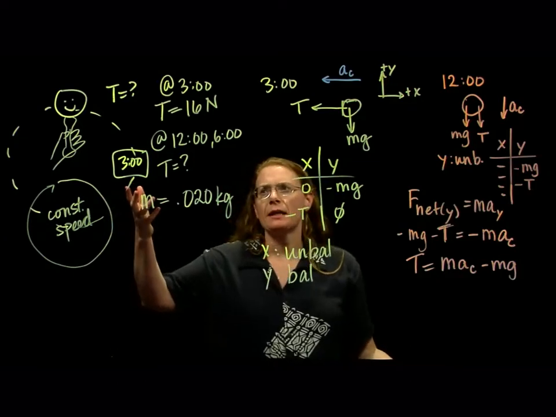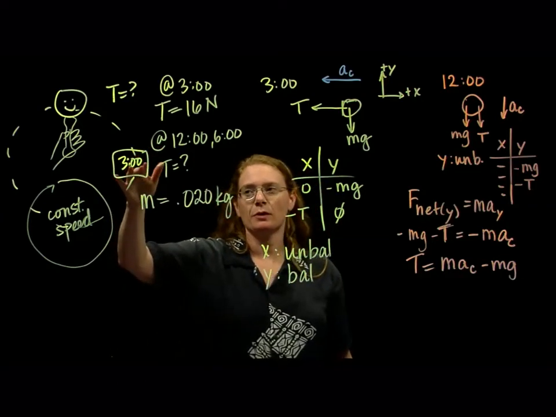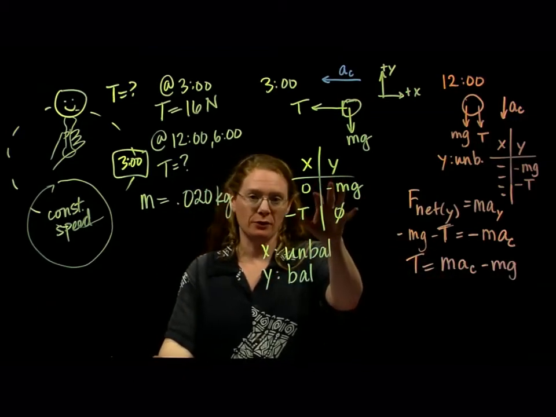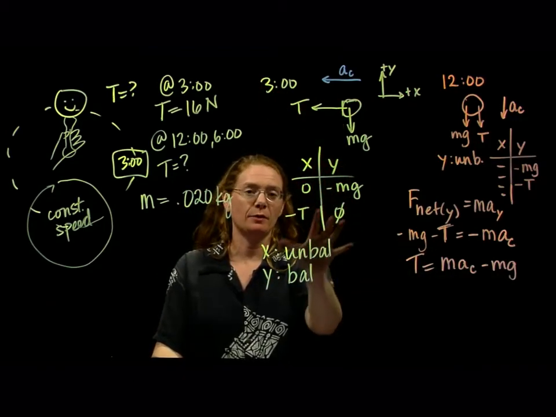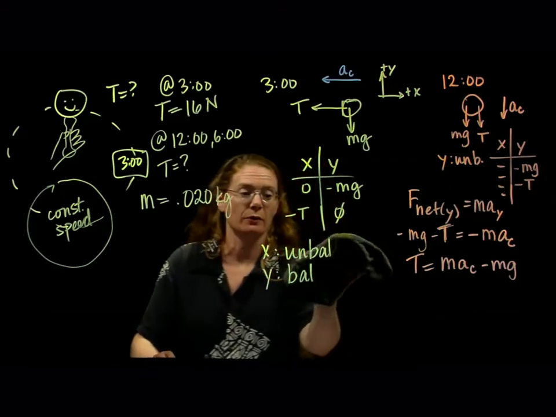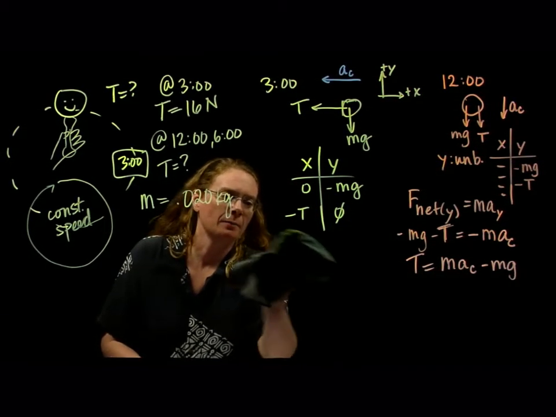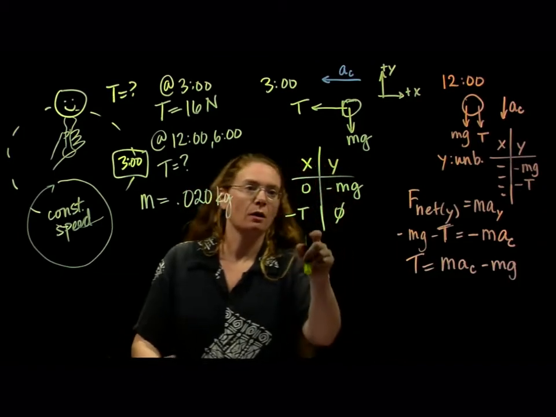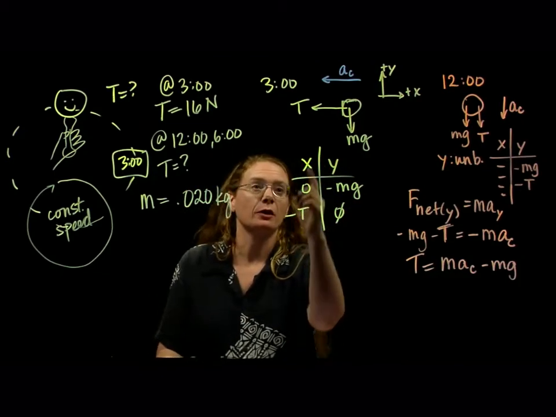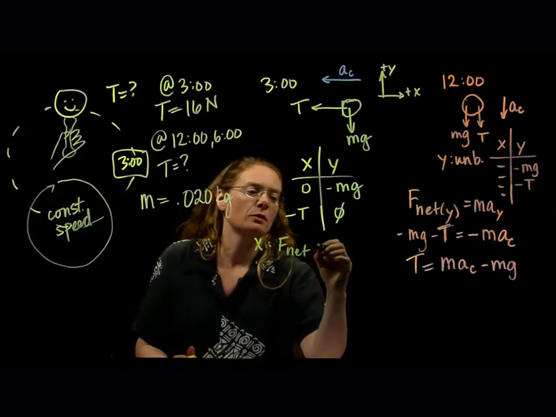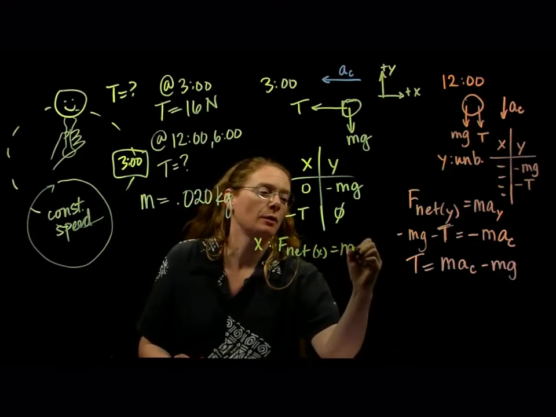Well, they gave us the tension at 3 o'clock in this problem, so I'm guessing that's going to be helpful. So let's see if we can figure something out for the 3 o'clock situation where we were given a bunch of information. If we do the X and the Y for the 3 o'clock position, X is net force equals ma because that's unbalanced.